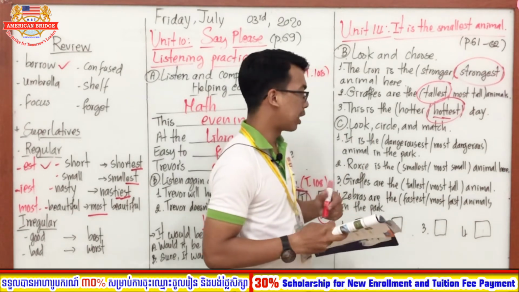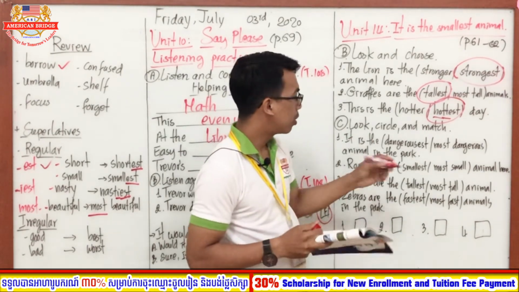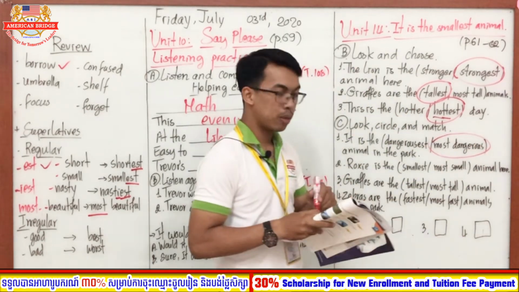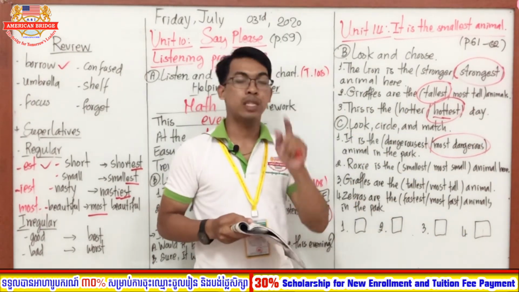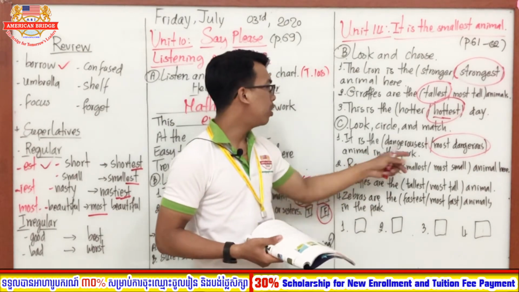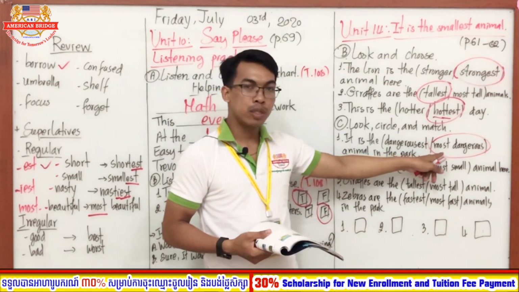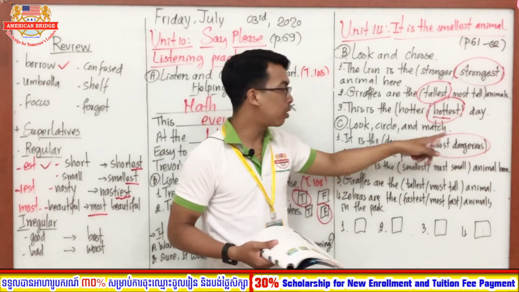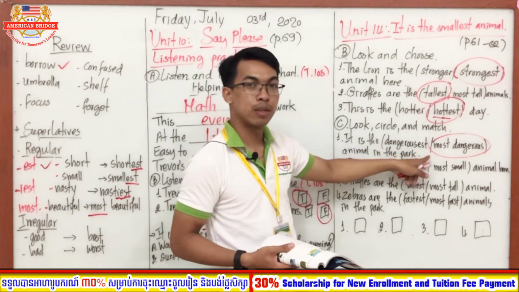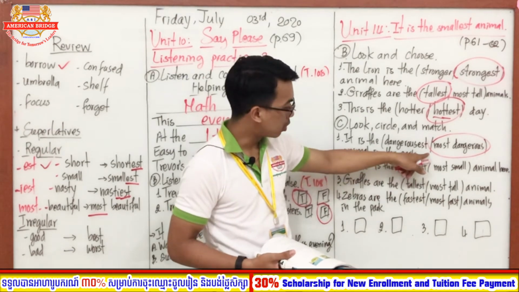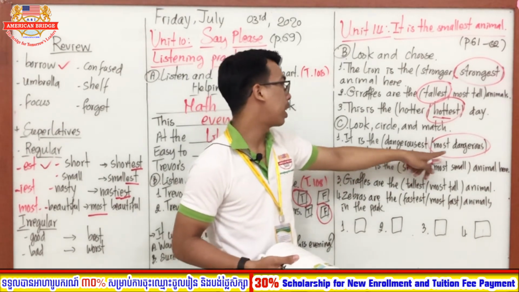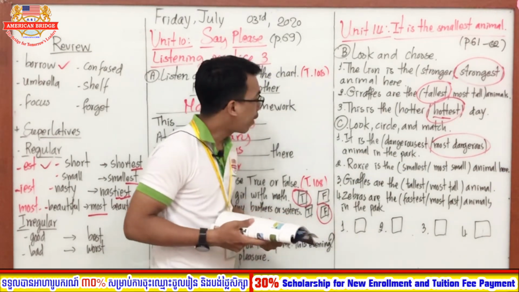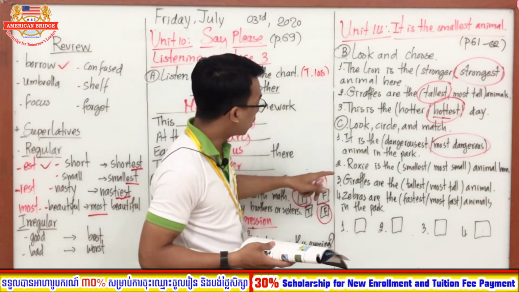So this is the example. So the second one, right? Most dangerous, because the word dangerous has 3 syllables, so we add most before the adjective, and it becomes a superlative adjective. We do not add est to the long adjective. You see? So this is the wrong one and this is the correct one.